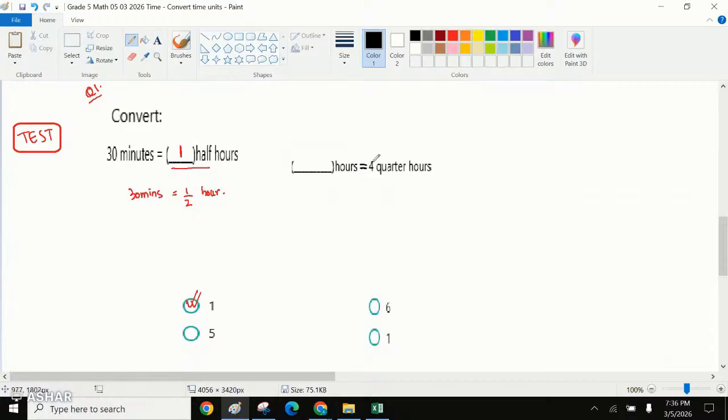How many hours are there if we have 4 quarter hours? 4 quarters would make how many hours? 6 hours or 1 hour?